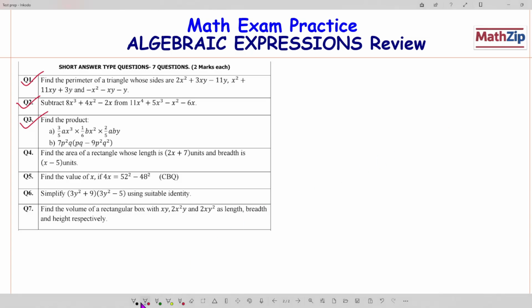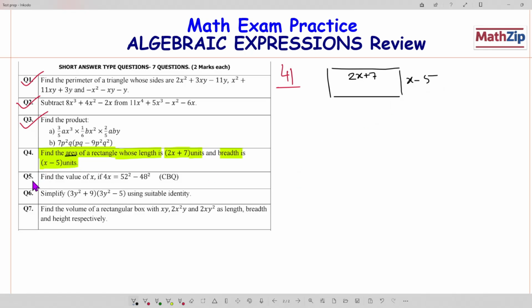Number 4: find the area of a triangle whose length is 2x plus 7 units and breadth is x minus 5 units. So we know about a triangle where the opposite length is the same. The length is 2x plus 7 and the breadth is x minus 5.